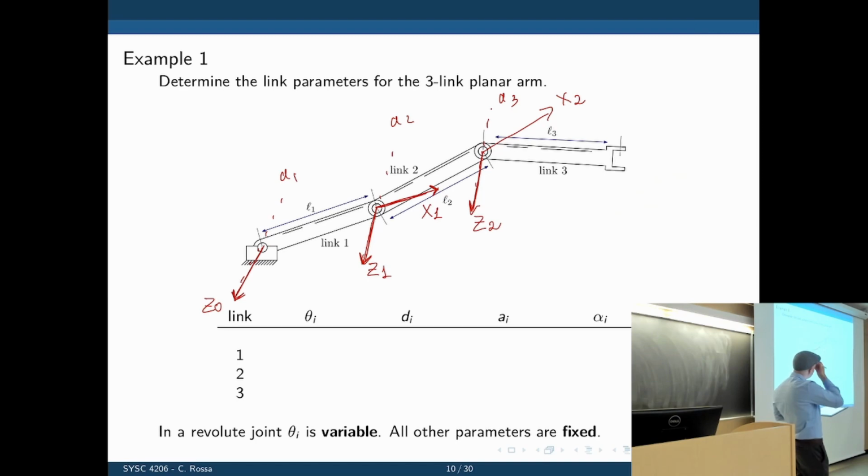Our X1s are all going that way, so let's put our X0 here. And then we have a last frame to assign at the tip. We can simply translate frame 2 to the tip there. This would be Z3, and you have X3 following the same convention.